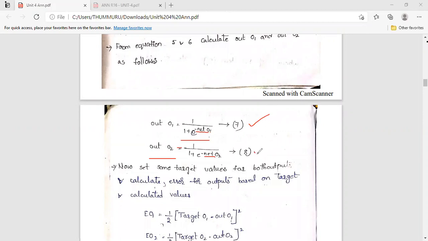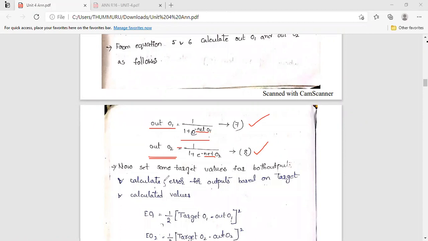Now, up to this point, the actual outputs of the network were calculated. The actual outputs are O1 and O2, out of O1 and out of O2. Now, we need to find out the error.